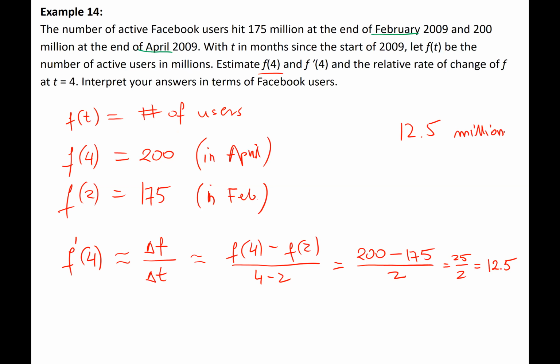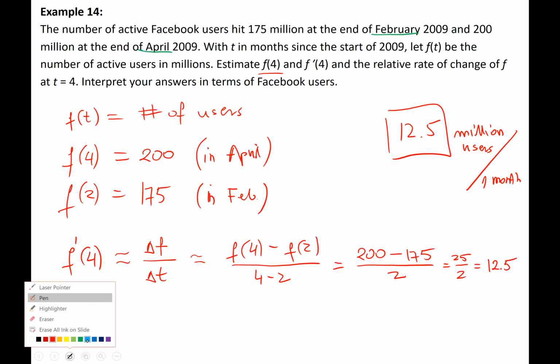Million users per 1 month, because it's a rate of change. That's the rate of change. If we were trying to estimate the number of users, that's not a question on this page, but what will be f of 5?